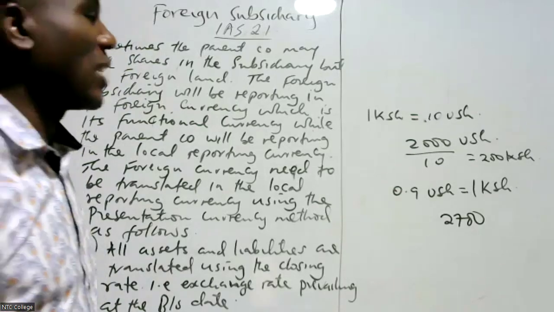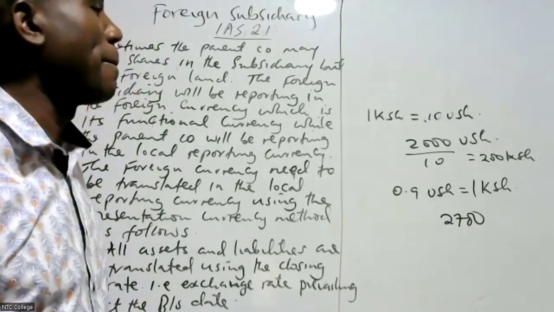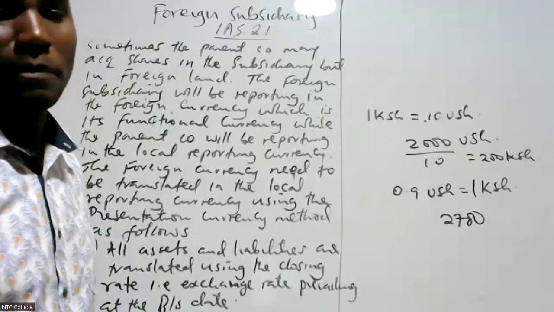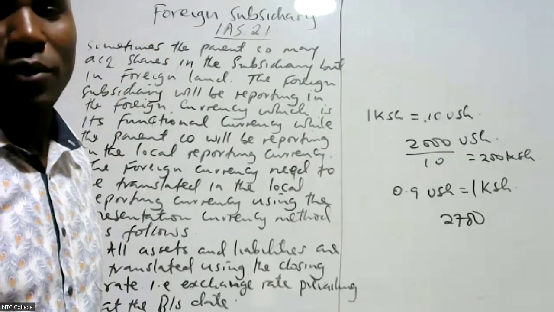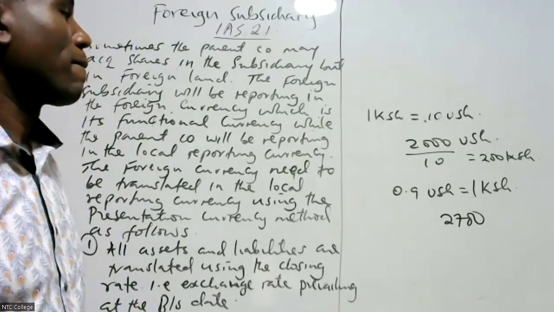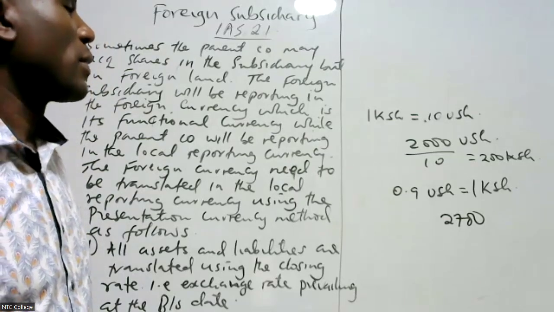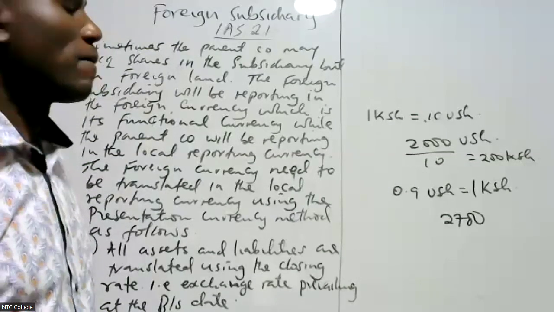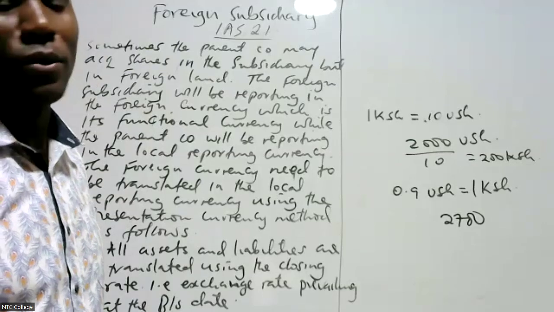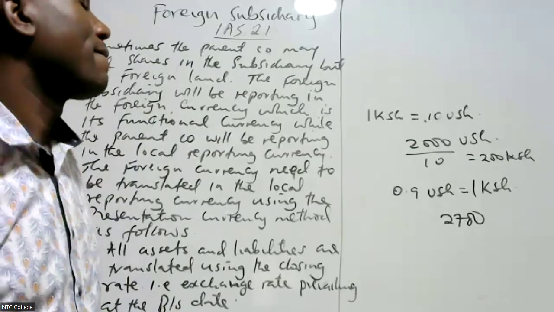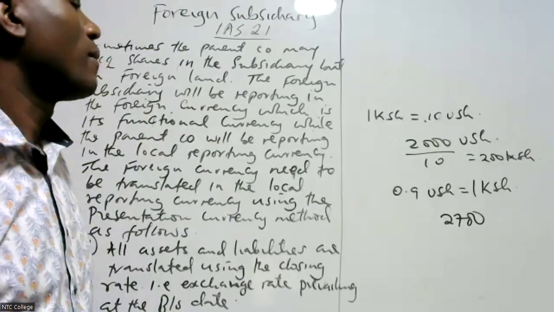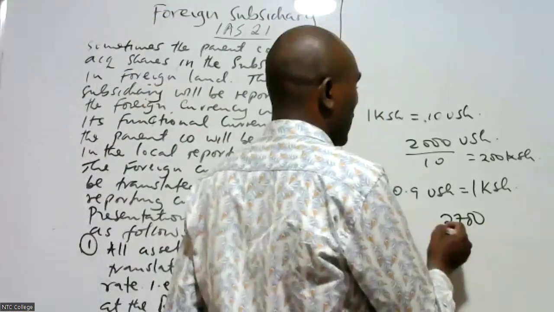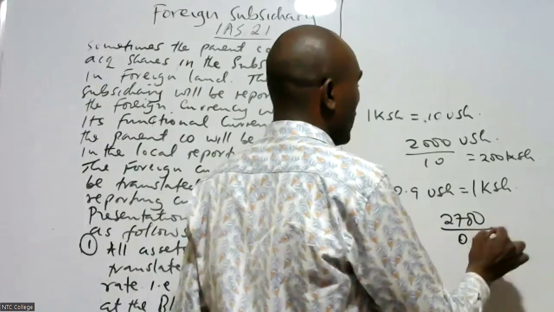If I want Kenya shillings, do I divide or multiply? Edwin, you say multiply. Ruth, you say divide. The best thing here is that we are going to divide by 0.9.